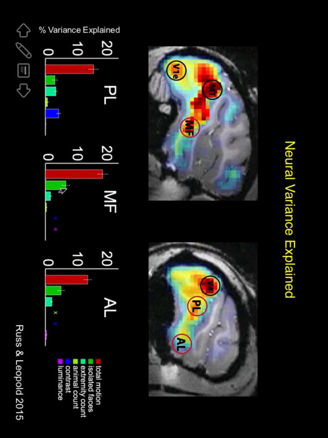Now, within the face patches, we do see the face variable accounting for some of the variance, but motion is actually accounting for more than faces. And this becomes interesting when you start thinking about how face patches are defined. They're usually defined as faces activating that area more than anything else. But what we can see here is that motion is actually activating those areas more than the face variable.